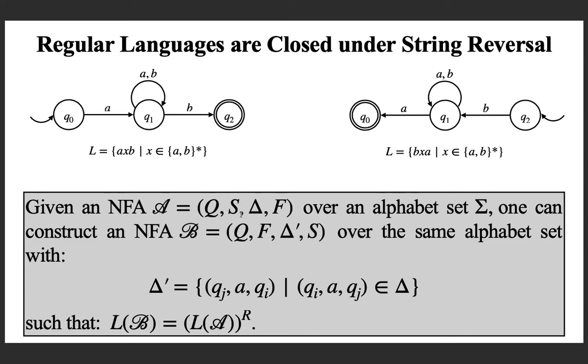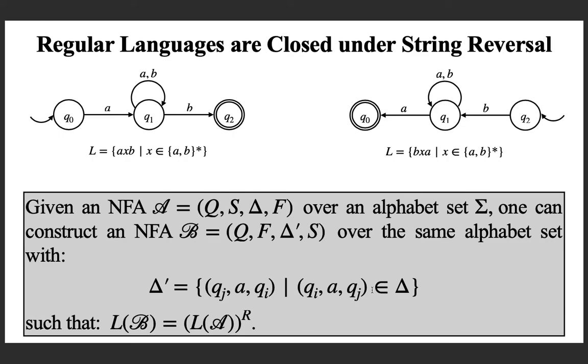So we interchanged the set of start states and set of final states to get the new NFA. The only other change made is that you reverse the edges. So the new transition function delta prime is nothing but the transition going from qj to qi on a if there exists a transition going from qi to qj on a. So now you are adding a transition from qj to qi when you have a transition from qi to qj.